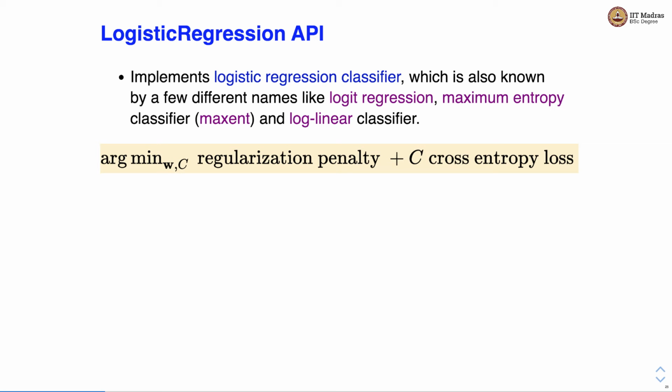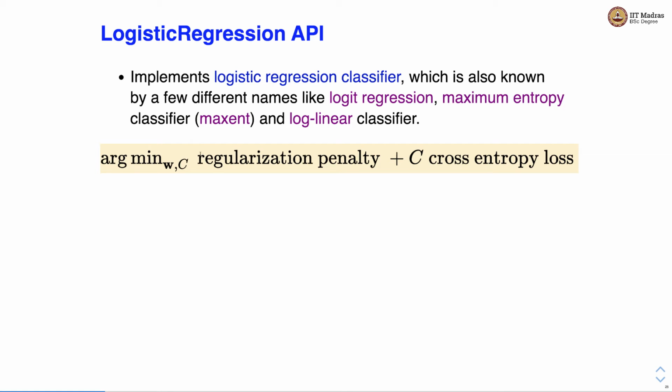Logistic regression API basically optimizes the following expression. So it tries to find the values of W and C that minimize the regularization penalty plus C times the cross entropy loss. This expression is slightly different than what we studied in the machine learning techniques course about logistic regression.